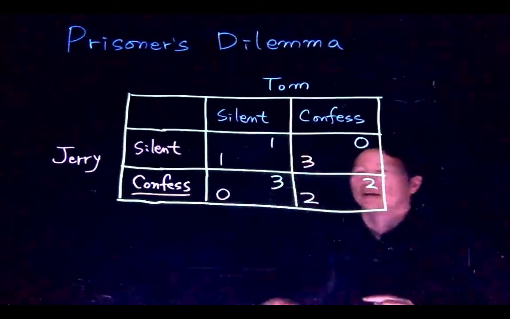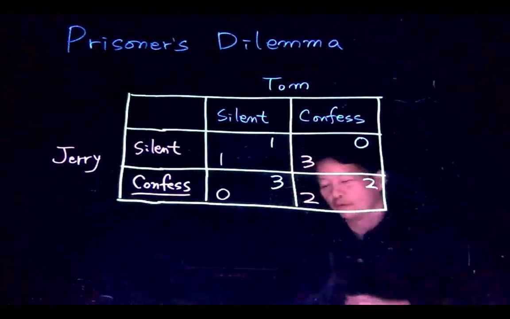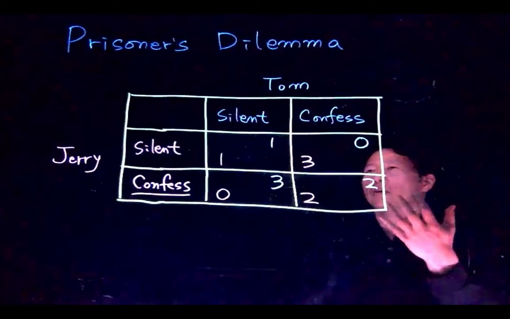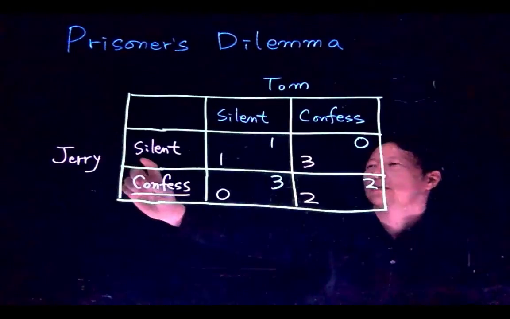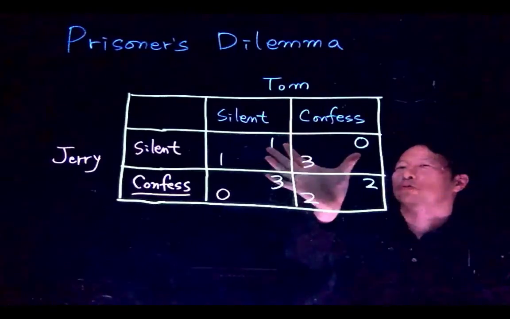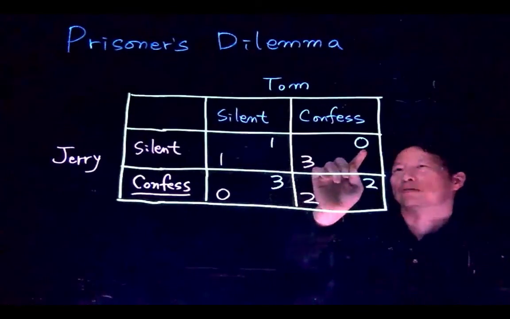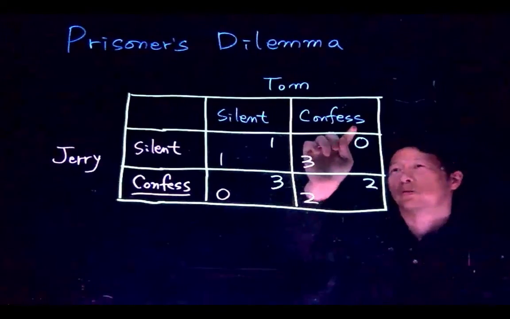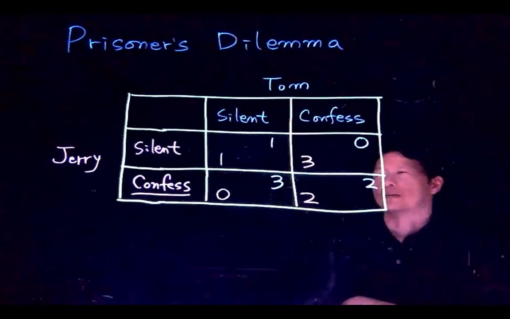And also on Tom's side, if we are Tom, we can choose silent or confess. If Jerry stays silent, which one should I choose? You can compare 1 year in jail or 0 years in jail. 0 years in jail is better, so Tom should confess if Jerry keeps silent.